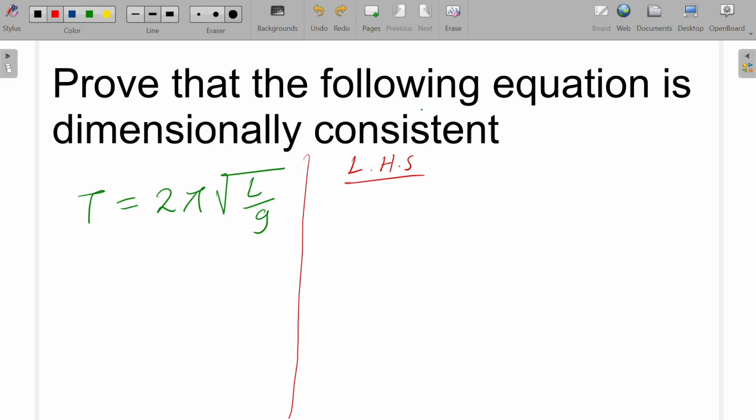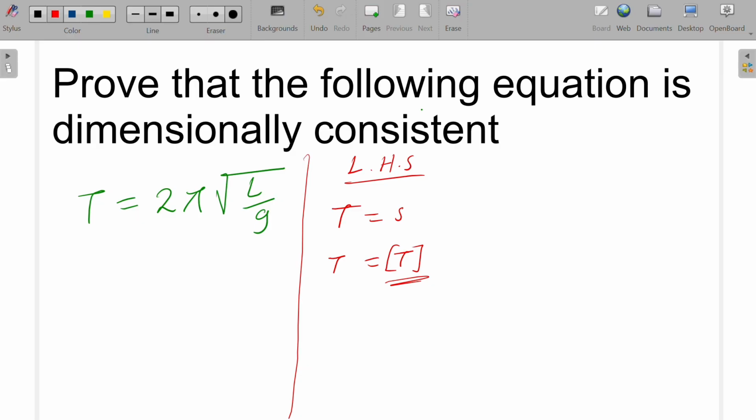Period is just time taken for one complete cycle or one complete oscillation. So it's measured in the units of seconds, and seconds is basically time. So the dimension for period is just T. So on the left hand side, we have T.